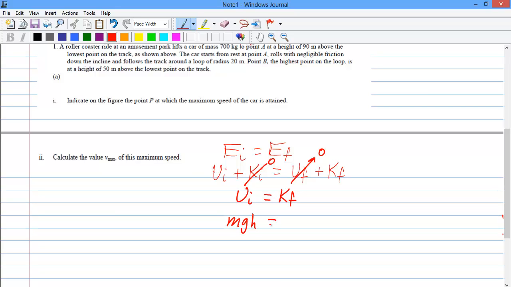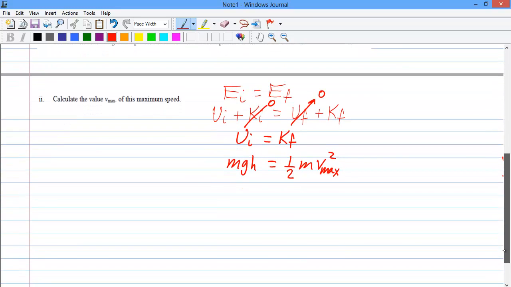That's going to be mgh is equal to 1/2 mv max squared. So our masses cancel, and I have 2gh is equal to v squared. Now I want to square root both sides.